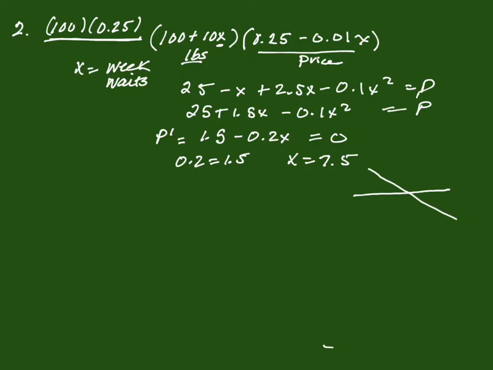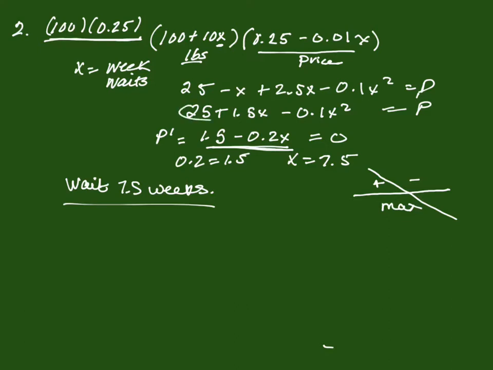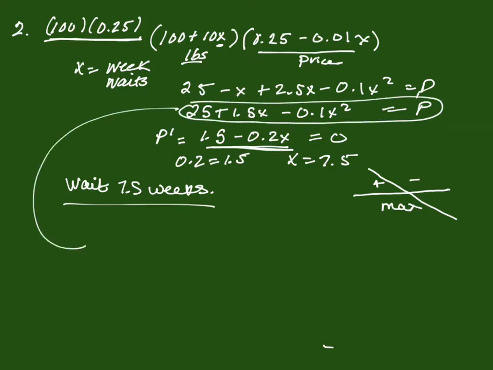Okay, so here was our equation that we're going to do end behavior on. Again, it's a positive, negative, because it has a negative slope of a linear equation, so it's a maximization. And so he would wait 7.5 weeks, but it also asked what would his profit be at this time. So you have to go back into this P, and substitute in 7.5.